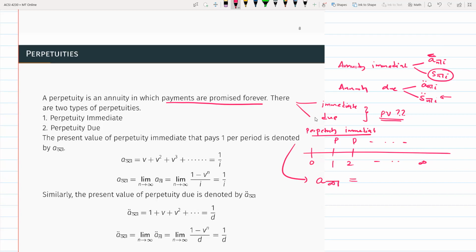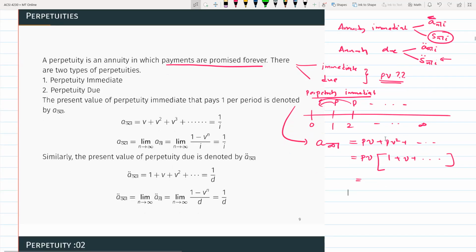So how do you calculate the present value? You take the discounted value. So P times v plus P times v square, and so on. If you take Pv as common factor, 1 plus v plus v square and so on to the end. And if you have a series going to infinity, you know how to calculate that.